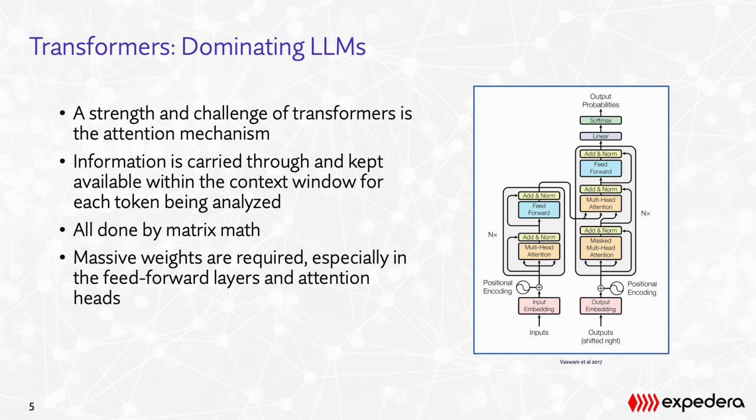So let's lay groundwork for what we're talking about. We said that transformers started in 2017. What does this mean? The transformer architecture is fundamentally built around the attention mechanism, and we're going to talk about that a little bit later. Now, information is going to be carried through and kept available within the context window for every token being analyzed.